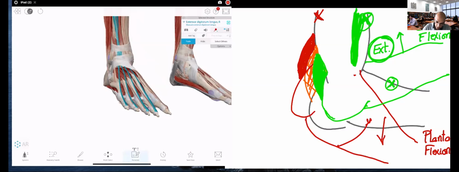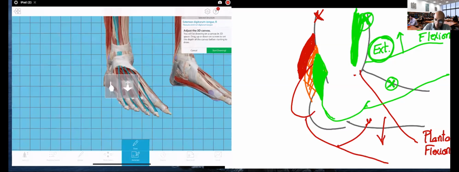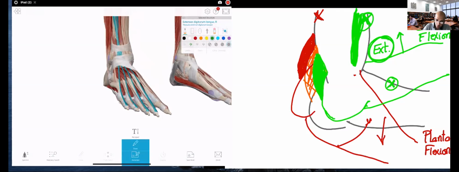It's going to be allowing you to move your lateral toes up. So it's allowing dorsiflexion of the lateral 4 toes. Dorsiflexion of the lateral 4 toes.